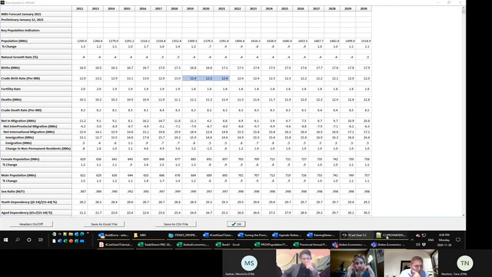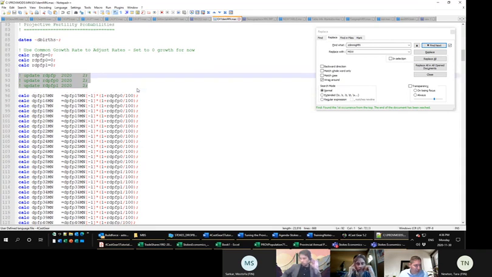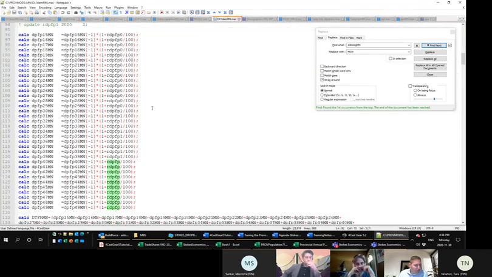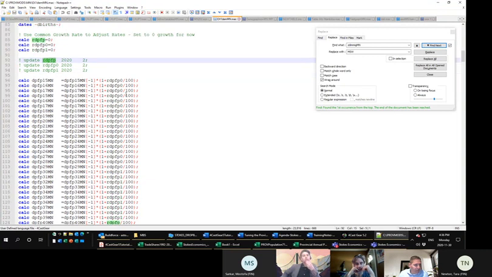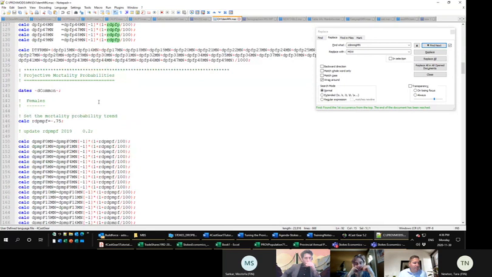But you can tune your fertility probabilities, and we actually break these apart. If you just highlight them, you can see which age groups they're affecting in general. So the younger ages, the middle ages, and the higher ages here, and how you want to tune those. Same thing with mortality probabilities.